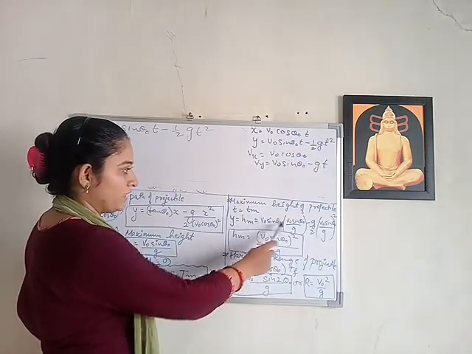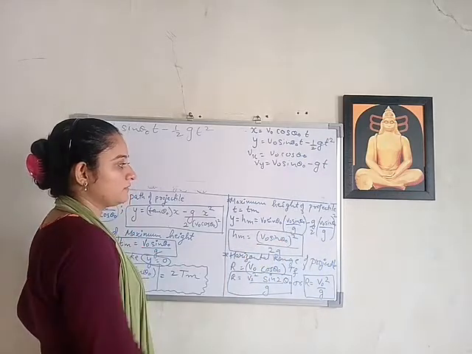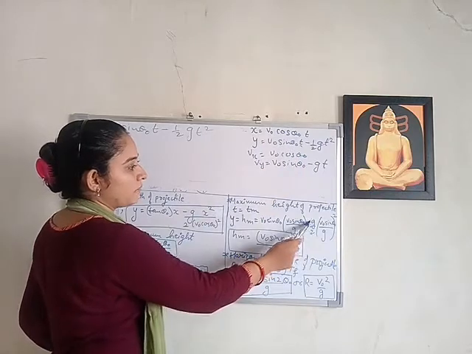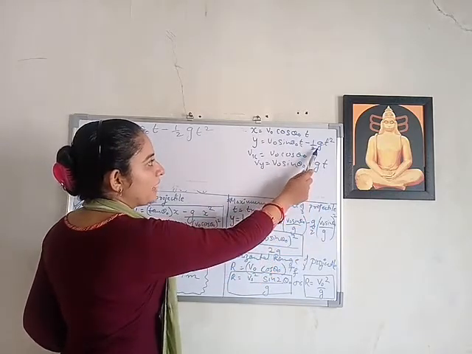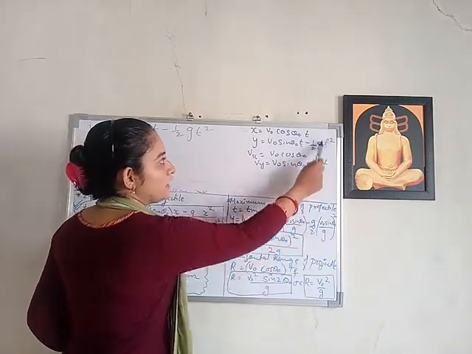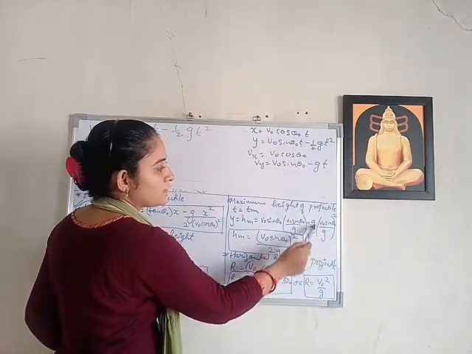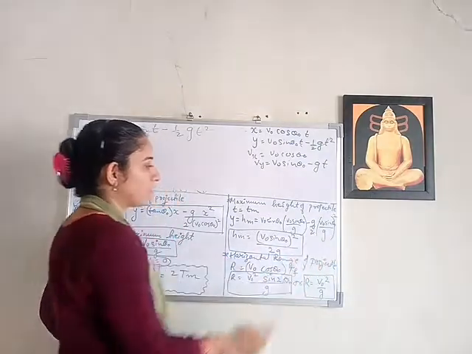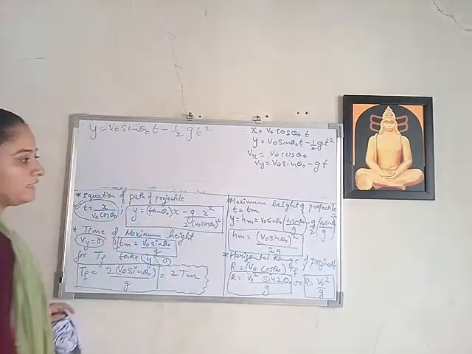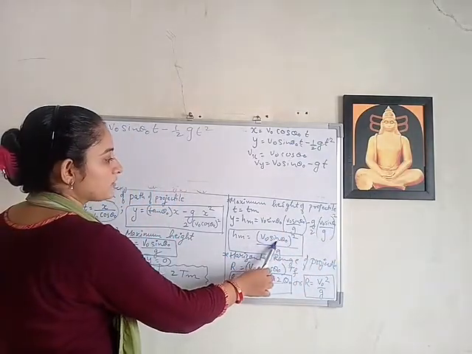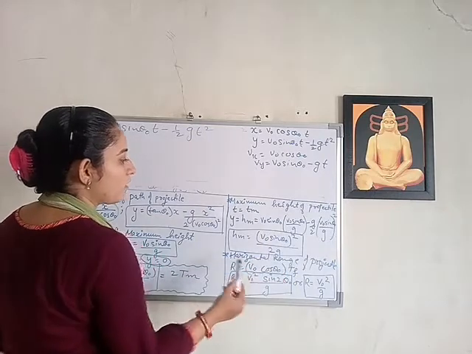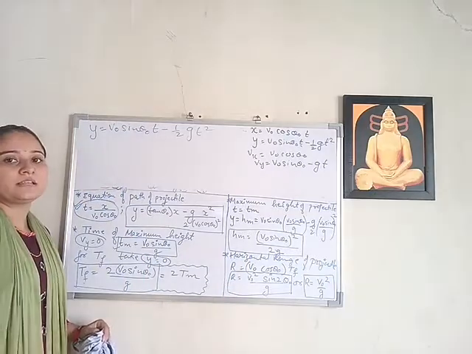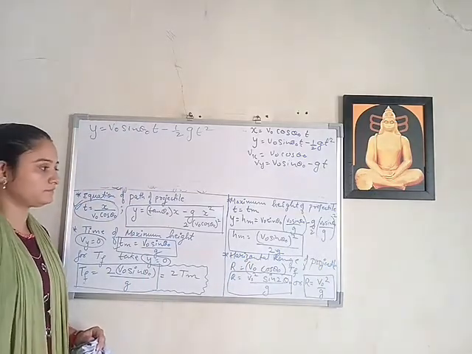So V0 sin theta 0 by g at the place of t, minus again g by 2 times t square, where t is V0 sin theta 0 by g. By evaluating this we get V0 sin theta 0 whole square upon 2g. So this is your hm, that is the maximum height.